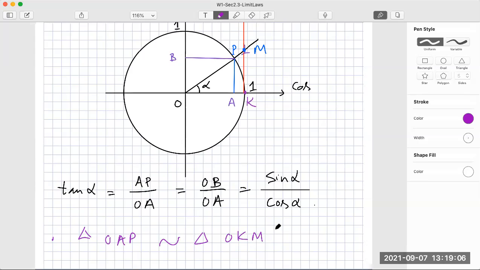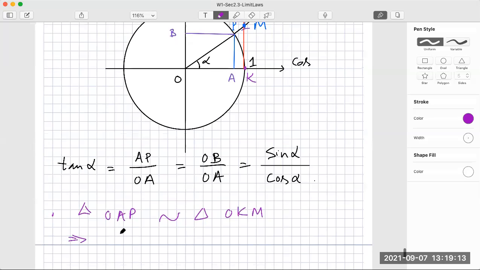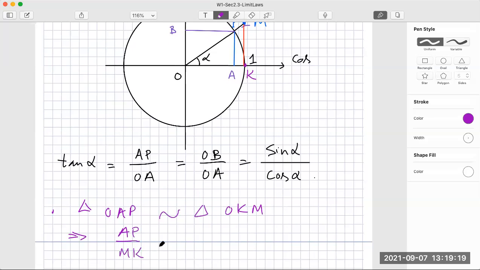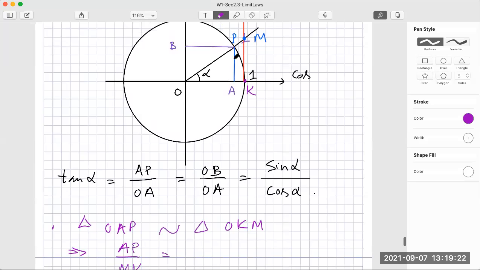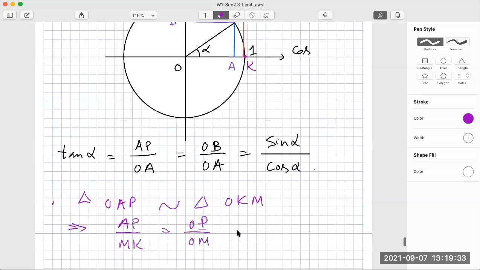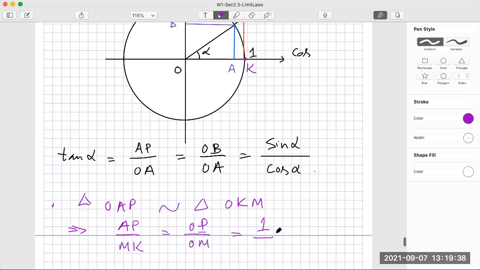Therefore, we have the ratio: the leg here divided by this leg, meaning AP divided by MK is the same as what? OB divided by OM. Beautiful. Great. And OP, what is it? Just one, right?